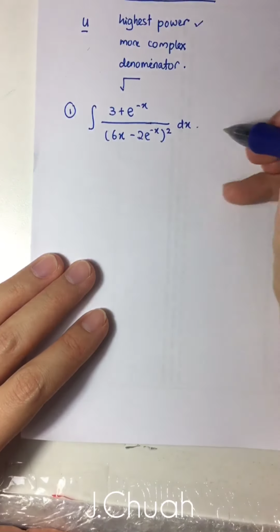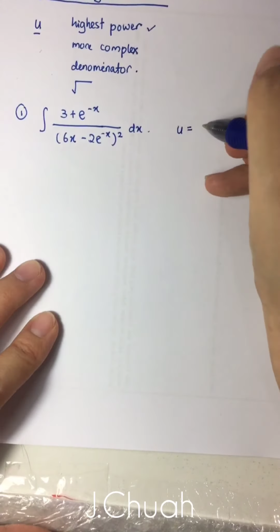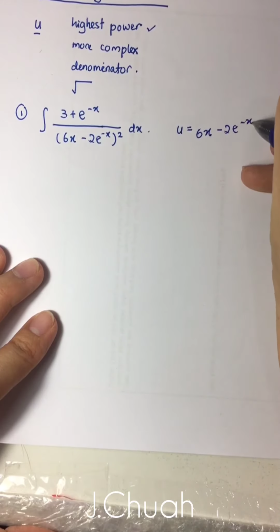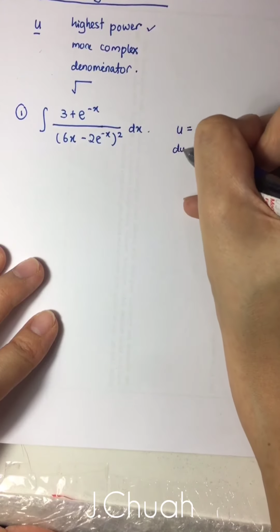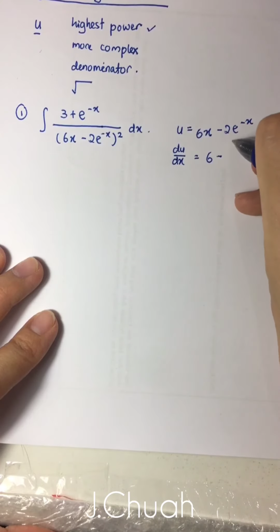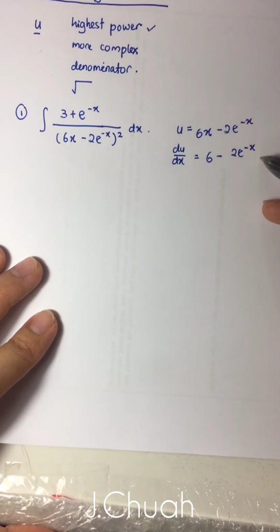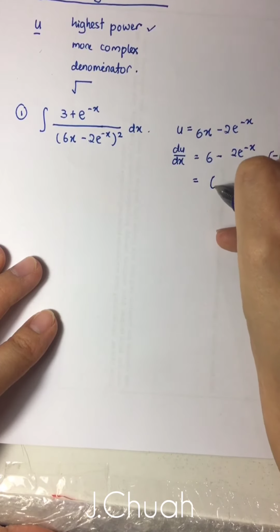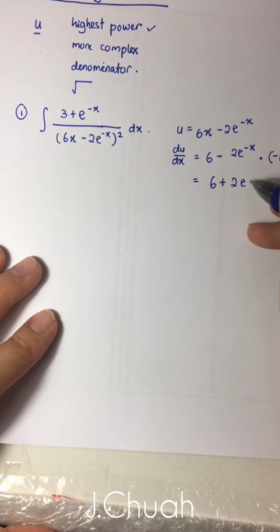So we will let u be 6x minus 2e to the negative x, where we will get du/dx as 6 minus this one, copy, and then multiply with the differentiated power and ln base. So this term you actually get 6 plus 2e to the negative x.